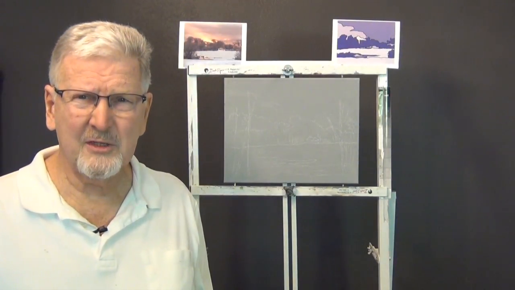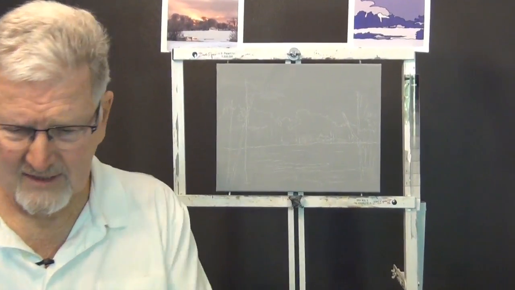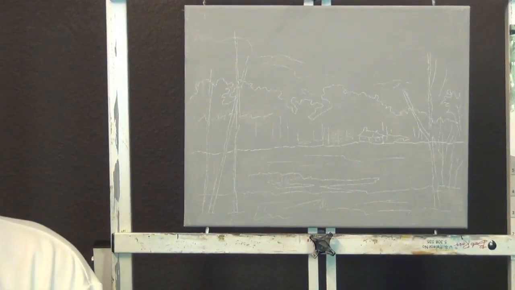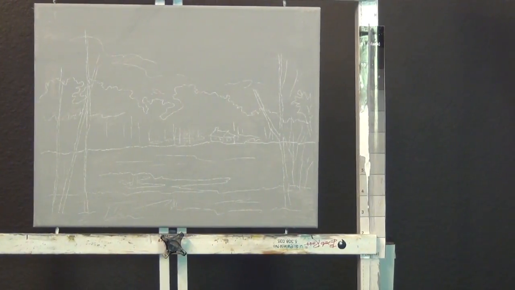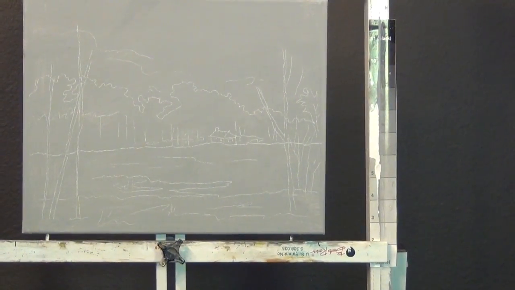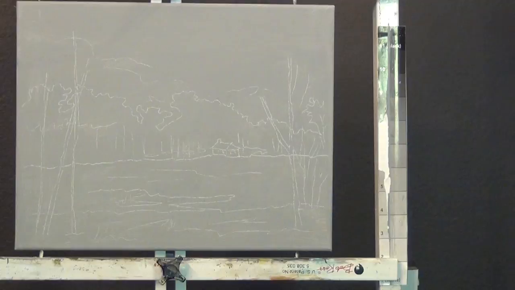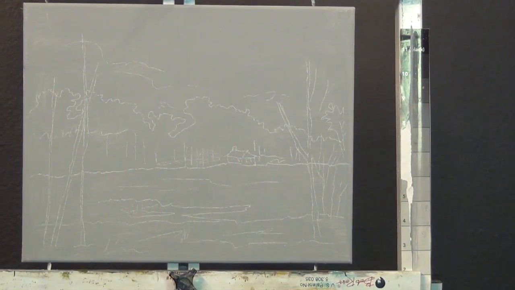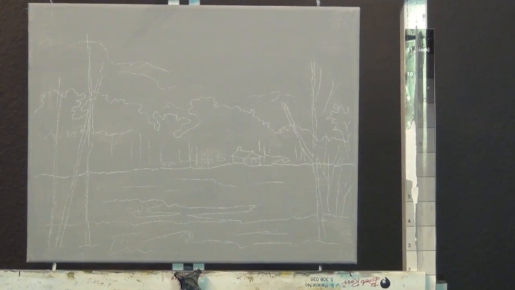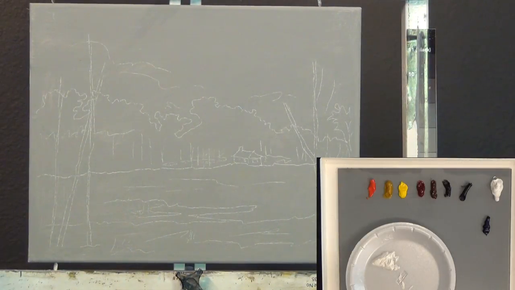So let's zoom in here and get this aligned so I can have my palette on the lower right hand side. I'm going to take myself out of this picture as much as possible. You don't need to see me, you want to see the painting. Then I'll flip on my palette, and you should be able to see my palette and the painting as well.